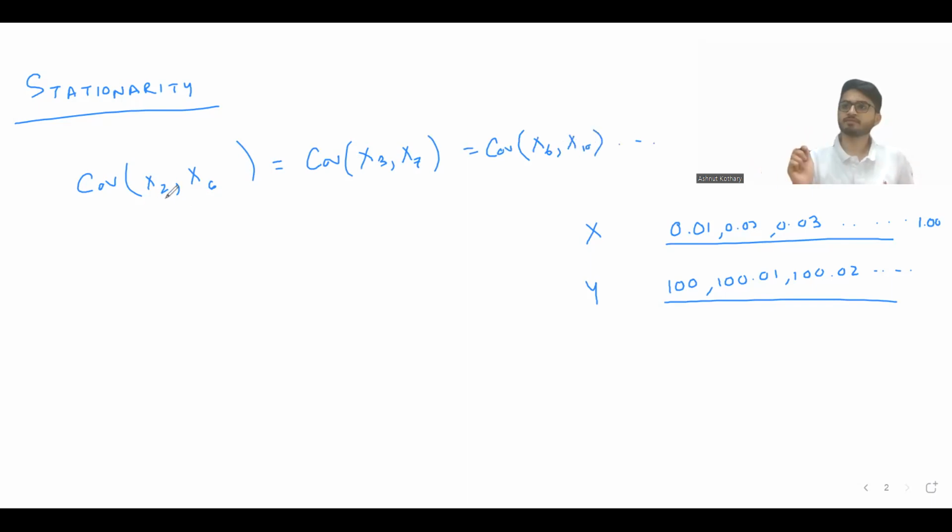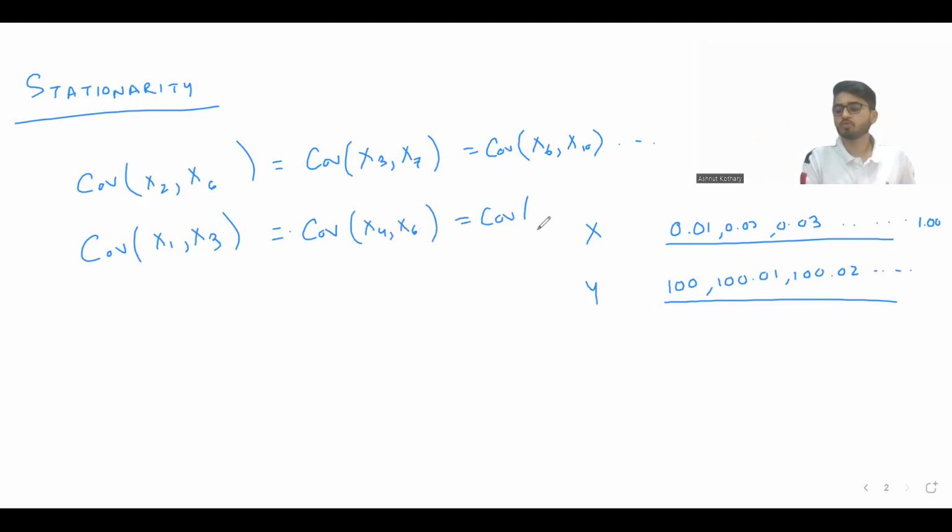So wherever lag is 4, all those combinations should have the same value. Note that covariance of x1 comma x3 has a lag of 2. This could be different from the previous one, but it should be equal to covariance of x4 comma x6, or covariance of x7 comma x9.